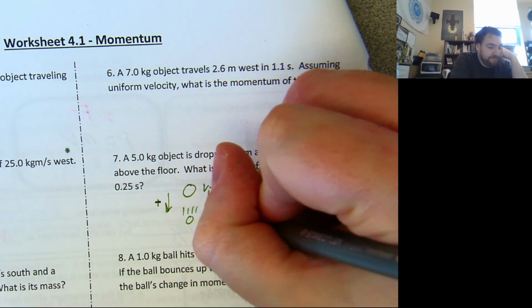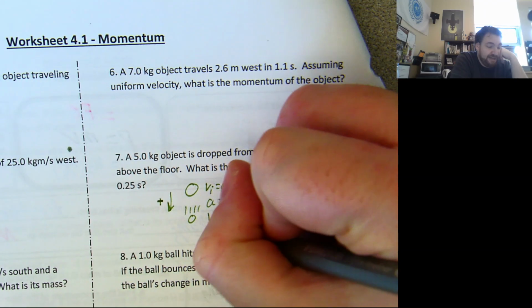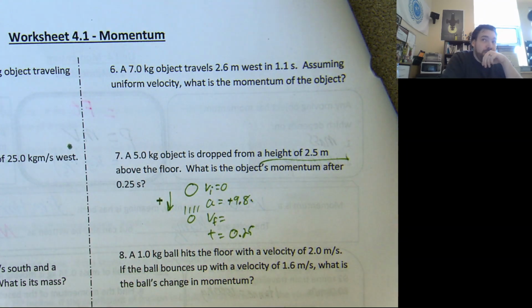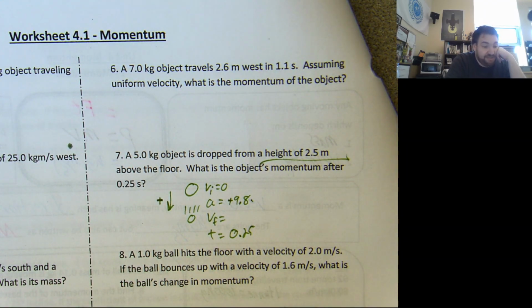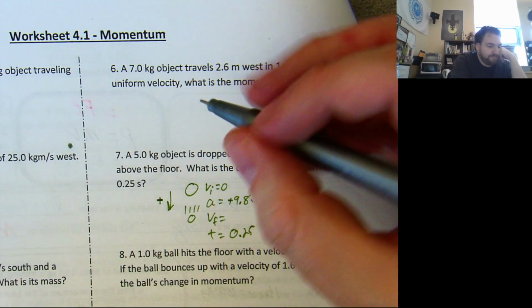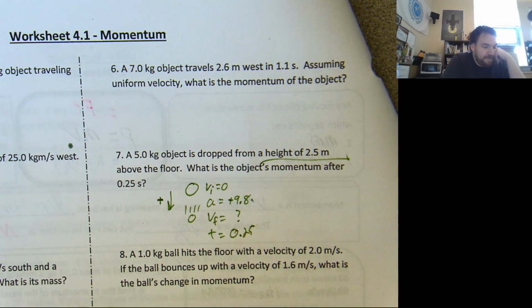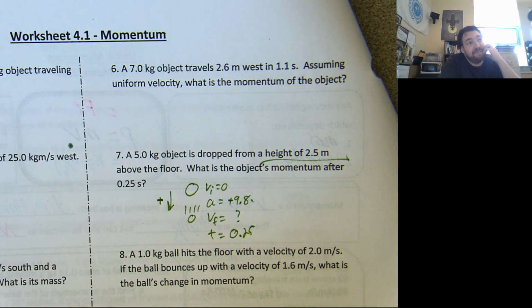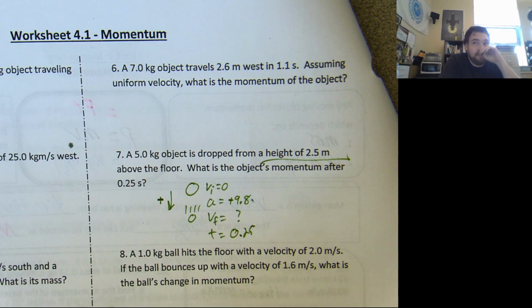We need VF, and we're going to use time to get it. So after a quarter of a second, I mean, assuming this thing hasn't hit the ground, you use kinematics to find VF, and then momentum is mv. Assuming that d is less than 2.5, which it should be.